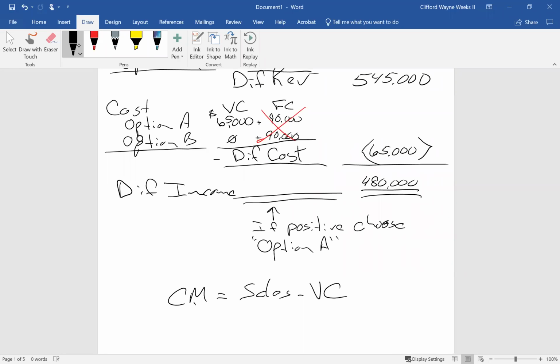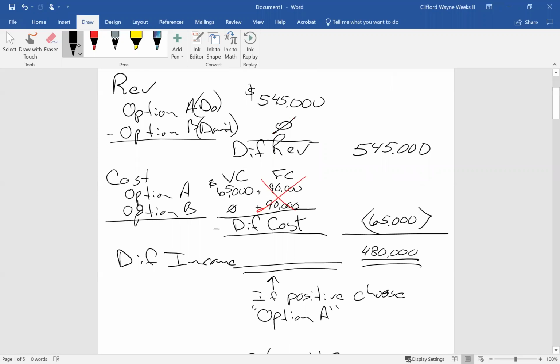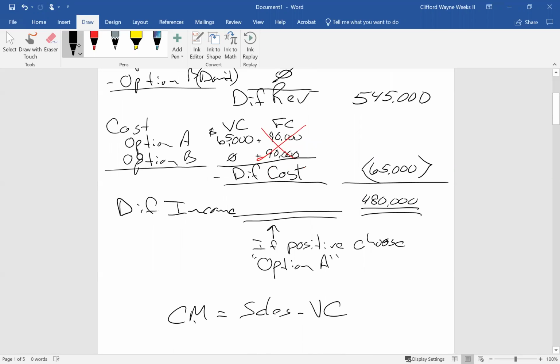And that's what we did here. We had our sales subtract our variable cost. As long as this is a positive contribution margin, then you're going to choose option A, and option A was do not discontinue. Does that make sense? I hope so.